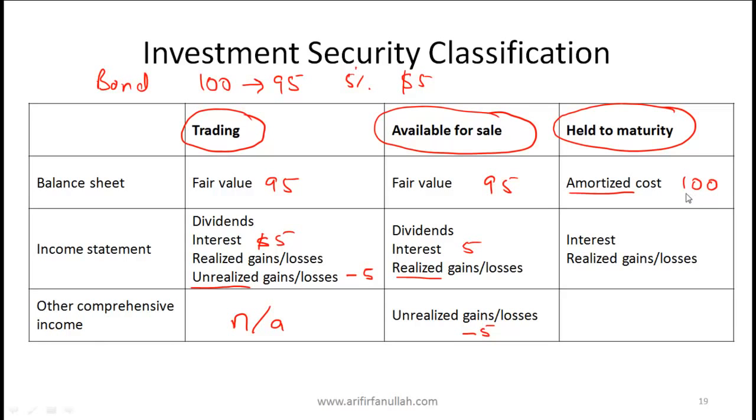On the income statement, we show the interest and any realized gains and losses. Interest was $5. There is no realized gain or loss because we've not sold the bond, and that is it. Since we are planning to hold the bond to maturity, we do not record any unrealized gains and losses.